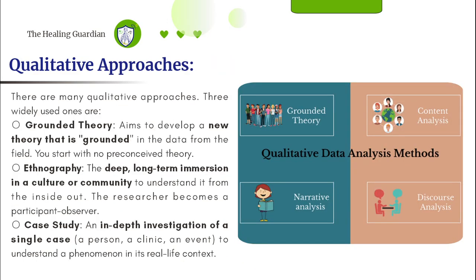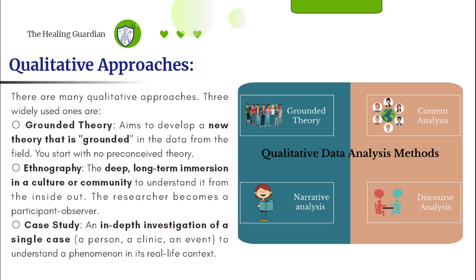And qualitative research has different approaches from quantitative ones. In qualitative research, there are mainly three approaches. There's what they call grounded theory, which aims to develop a new theory that is grounded in the data from the field. So you start with no preconceived theory. You are trying to establish a new theory.